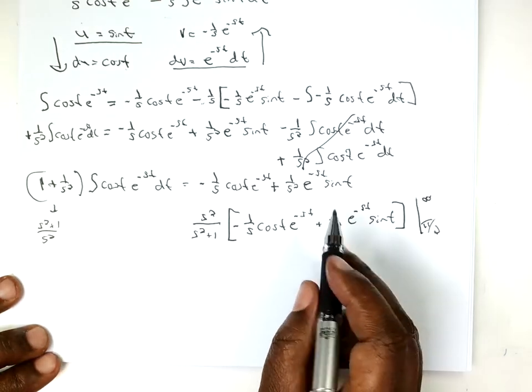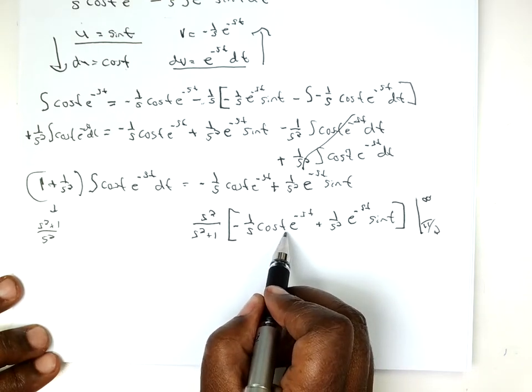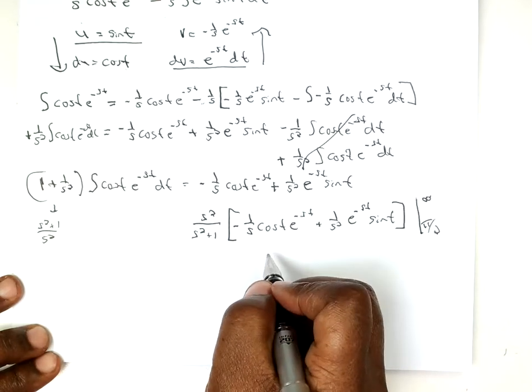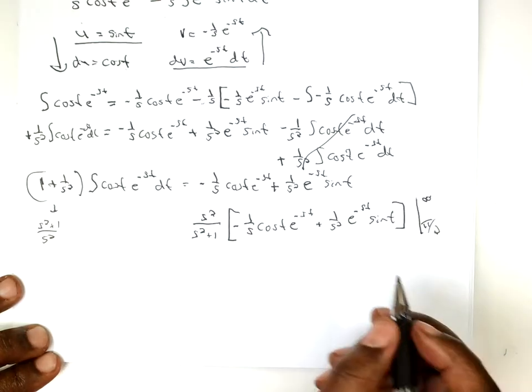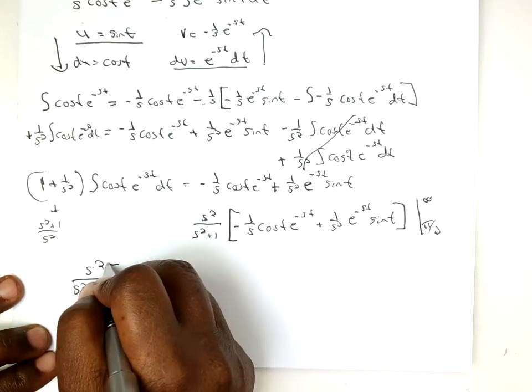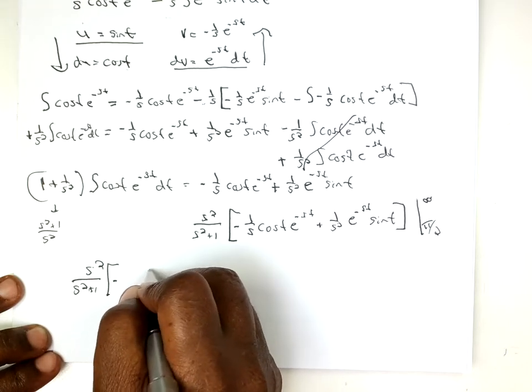So when I plug in infinity for t, this term here goes to 0. Let me show why that is true.